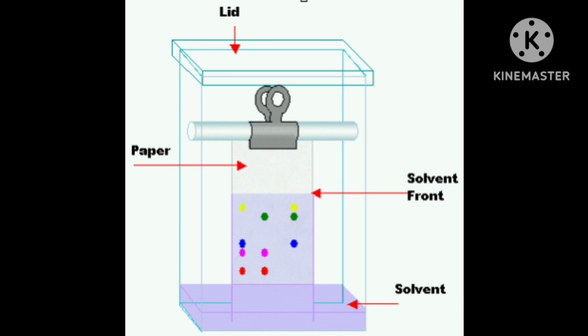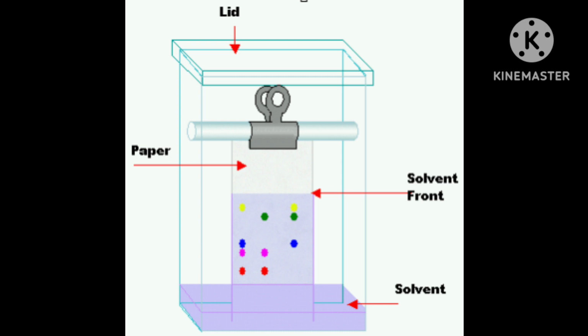Thin layer chromatography, in short called TLC, is another type of adsorption chromatography which involves separation of substances of a mixture over a thin layer of an adsorbent coated on a glass plate.